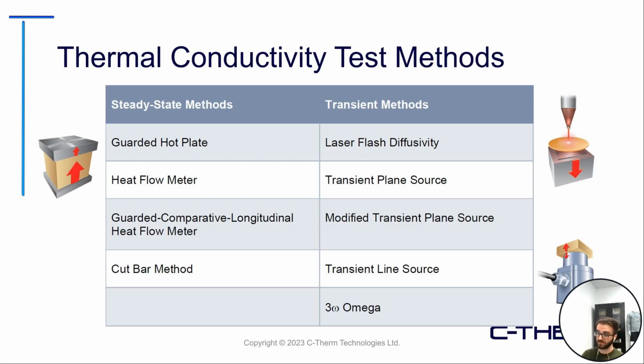So the transient plane source, modified transient plane source, and transient line source. Many may have experience with laser flash as well as a measurement technique. And while this does fall under the transient class, of course, it is non-contact, based on the laser, the light source that is used for the technique.